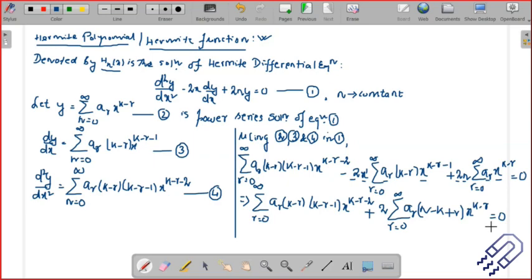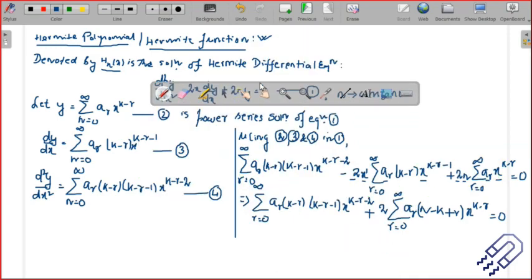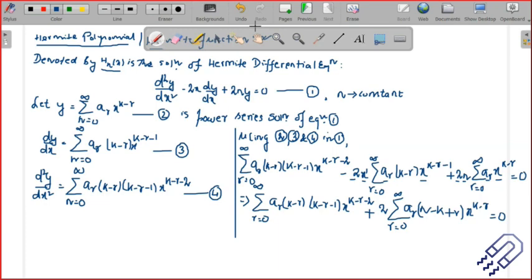Okay, and let's see what we can do now. So we have this result, and we are going to equate the coefficient of highest power of x. Okay, so let me just write down these sentences here. Maybe I can just use the space here properly.